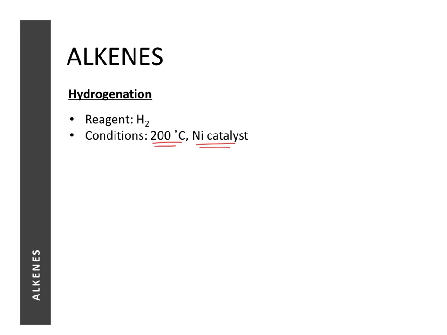The products we have already seen. If you start with ethene plus hydrogen, you end up with ethane. Any alkene undergoing hydrogenation gives the corresponding alkane, meaning the alkane with the same number of carbon atoms.